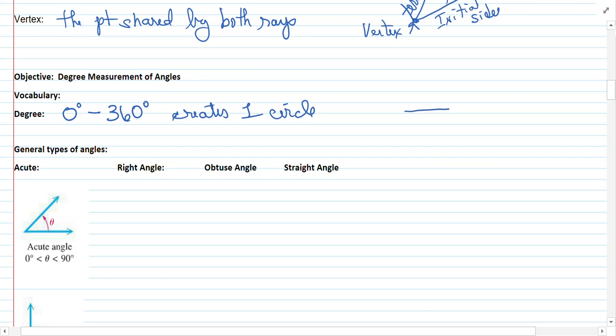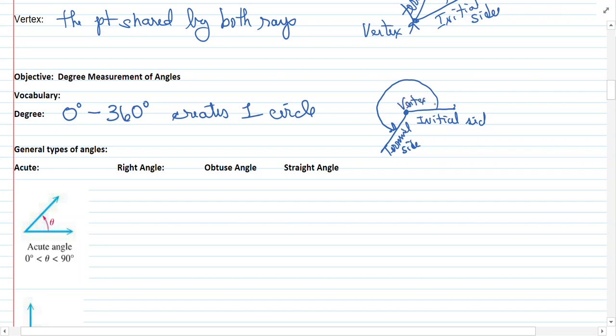So we have, this is our initial side, and then our angle is going in this direction. And if I go over here, then this is the terminal side. And this is my vertex.